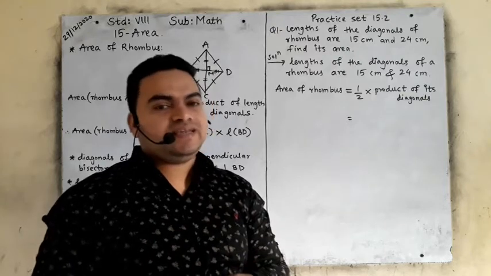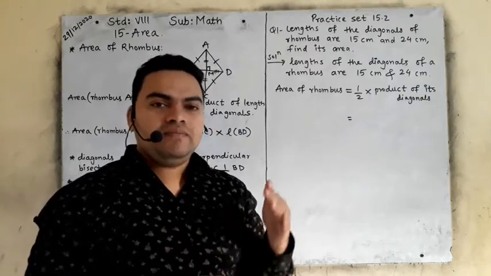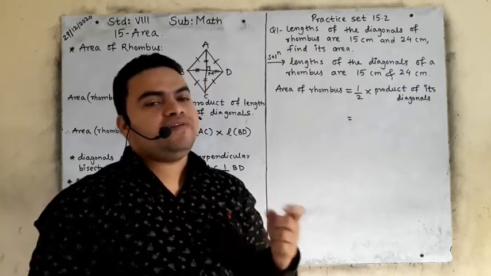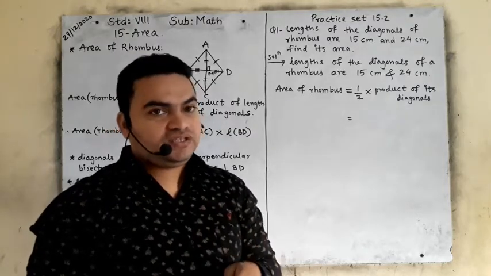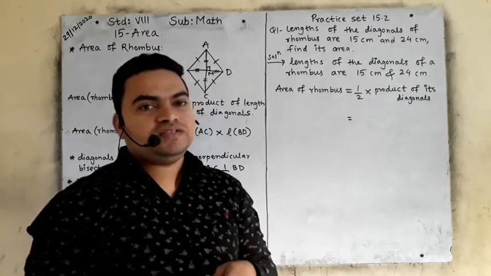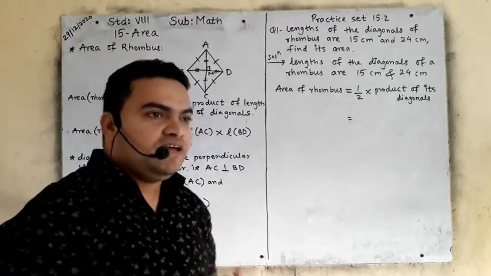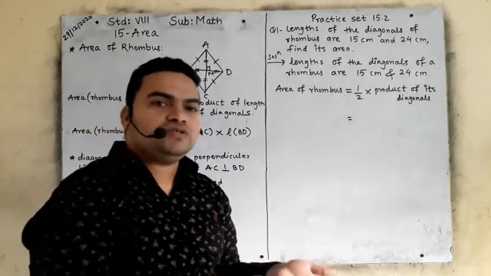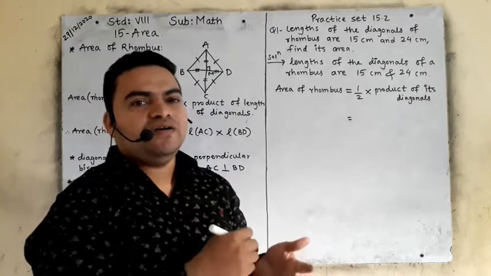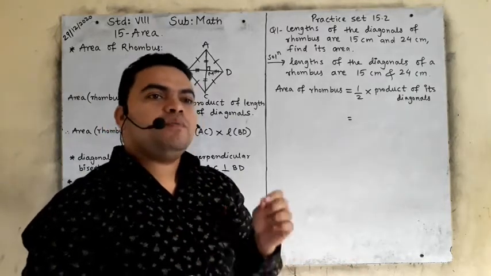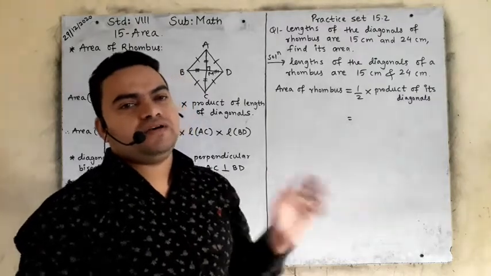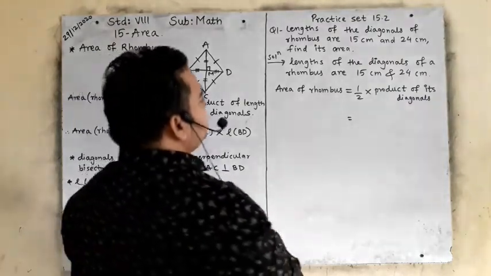Area of rhombus is equal to half multiplied by the product of the lengths of the diagonals. Product means multiplication. If the two diagonals are given in the question, you should write directly: area of rhombus is equal to half multiplied by the product of the lengths of the diagonals. Okay, so now look here.